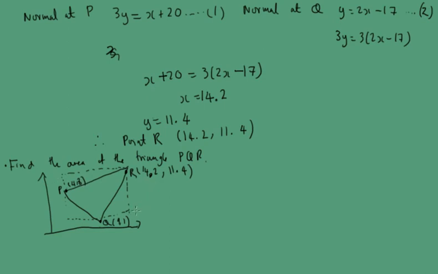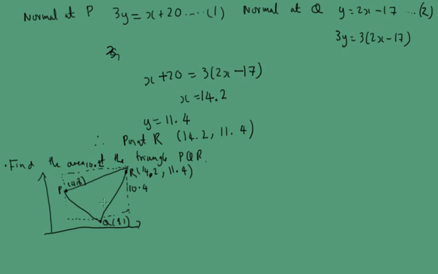So we've got a rectangle, and we can work out the dimensions of this. If the y coordinate is 11.4, but the y coordinate here is 1, that must be 10.4. So the length of this side is 10.4. And the length here, if this is 14.2, but this x coordinate is 4, this must be 14.2 take away 4, which is 10.2.